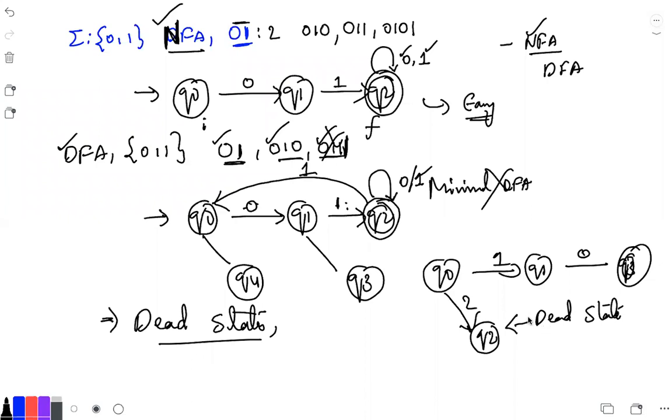So now the question is why we are studying this dead state. Because of its complex functionality, a DFA can have dead states. Whereas the NFA cannot have dead states, because the functionality is so easy and simple for us to construct any machine such that it will never enter a dead state.